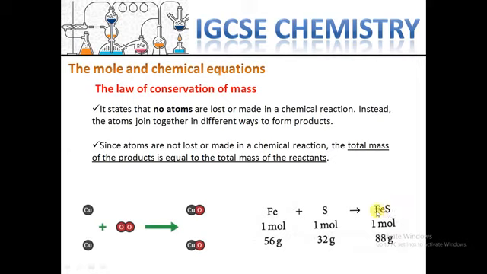Here we can see the mass of iron is 56 grams per mole, and for sulfur it is 32 grams per mole, and the total mass of the product is the same as the total mass of the reactants.